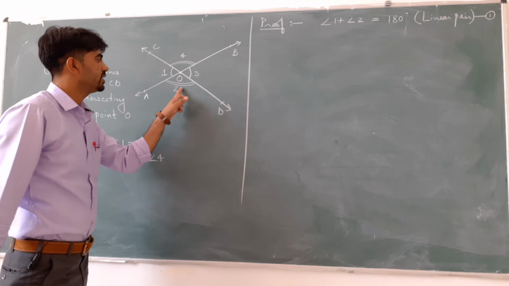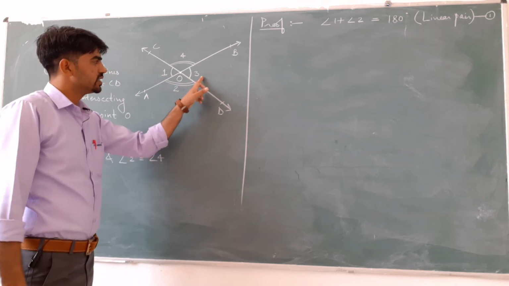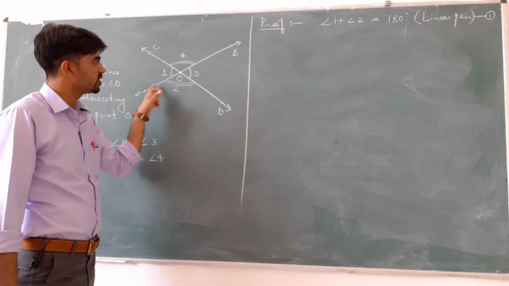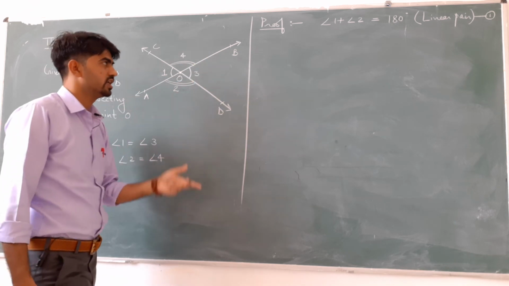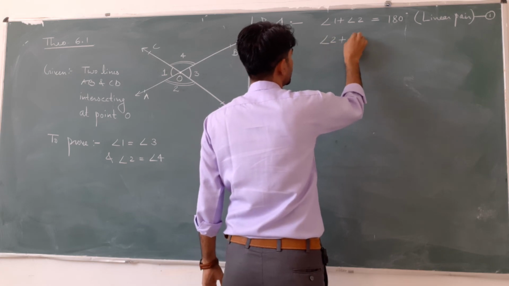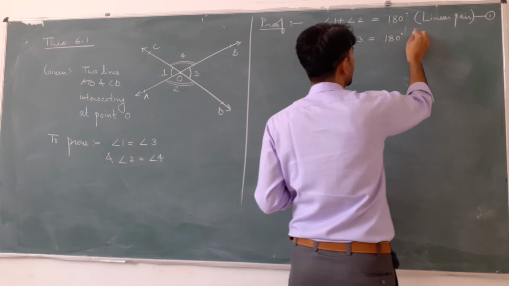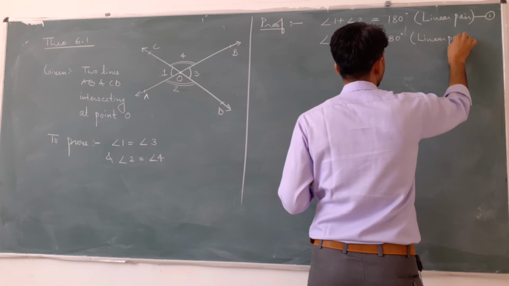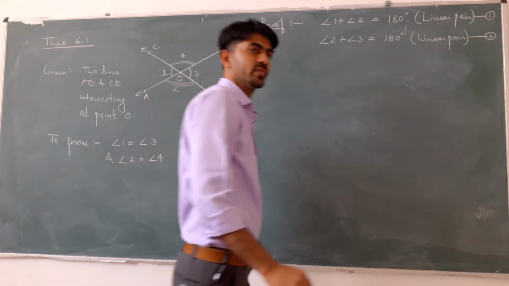Now if I take angle 2 and angle 3, they are also forming a linear pair, because the non-common arms are also making a straight line. So angle 2 plus angle 3 is also equal to 180 degrees. Again, linear pair. Equation number 2.